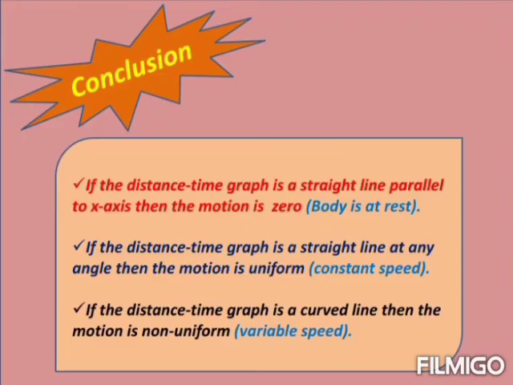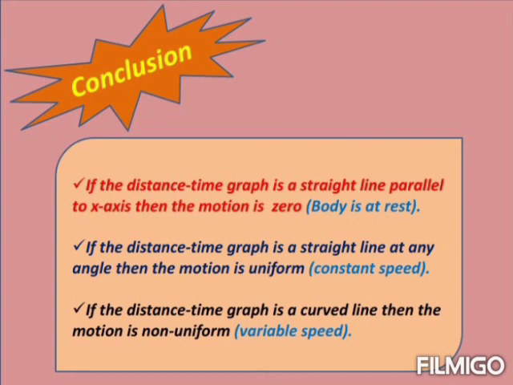So here is the conclusion of all the questions of the distance time graph. If the distance time graph is a straight line parallel to the x-axis, or parallel to the time axis, then the motion of the object is 0. It means the body is at rest. There is no change in distance.